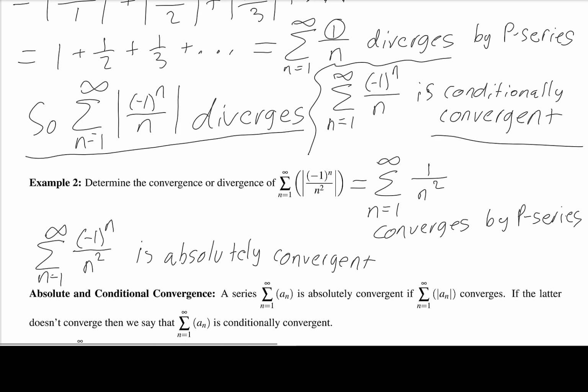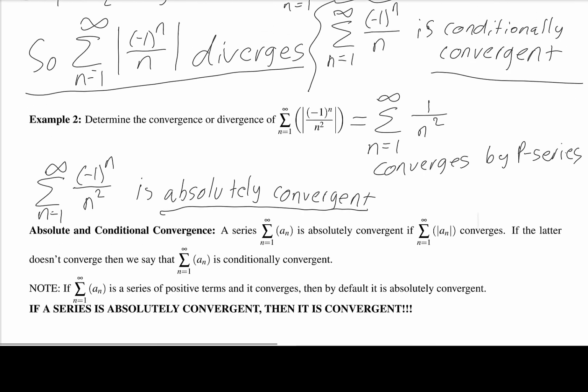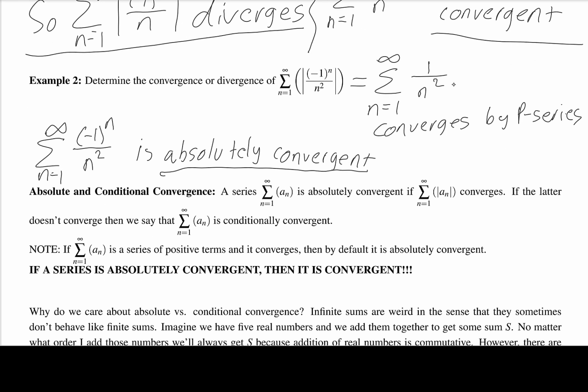Now, if we have some alternating series that converges, we take the absolute value and it still converges, then we say that it's absolutely convergent. That's what this definition right here is saying. A series is absolutely convergent if the series with the absolute value converges.